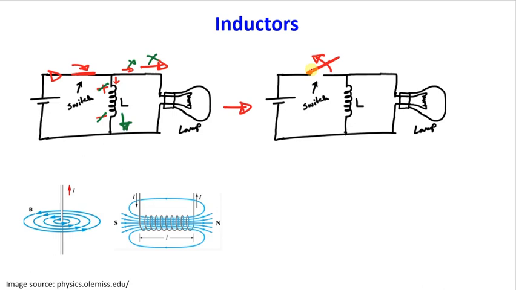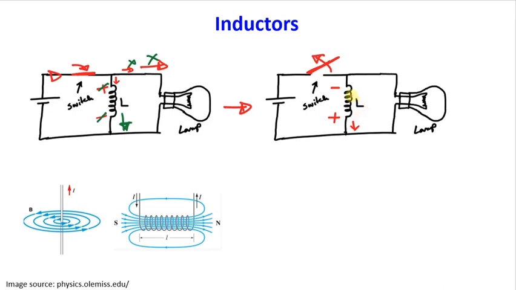When we have opened the switch, the current which was flowing from this battery to this inductor earlier will get interrupted, right? As a result, the magnetic field developed across this inductor will start shrinking. That change in magnetic field will again create another EMF, called a back EMF, with a polarity like this, so that the same current which was flowing before opening the switch can flow across this inductor, right?